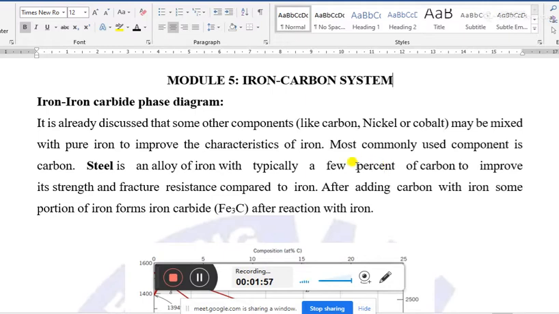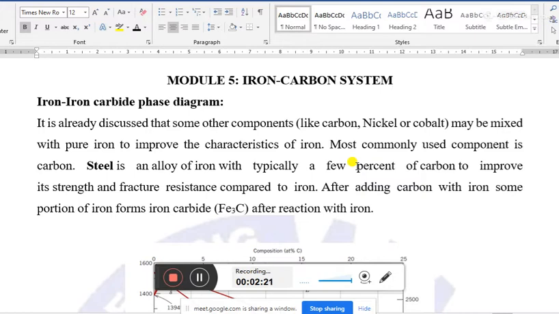And the most commonly used component is carbon. Carbon is the main component that is mixed with pure iron to make steel. I have already told you that steel is the most important material in structural construction.